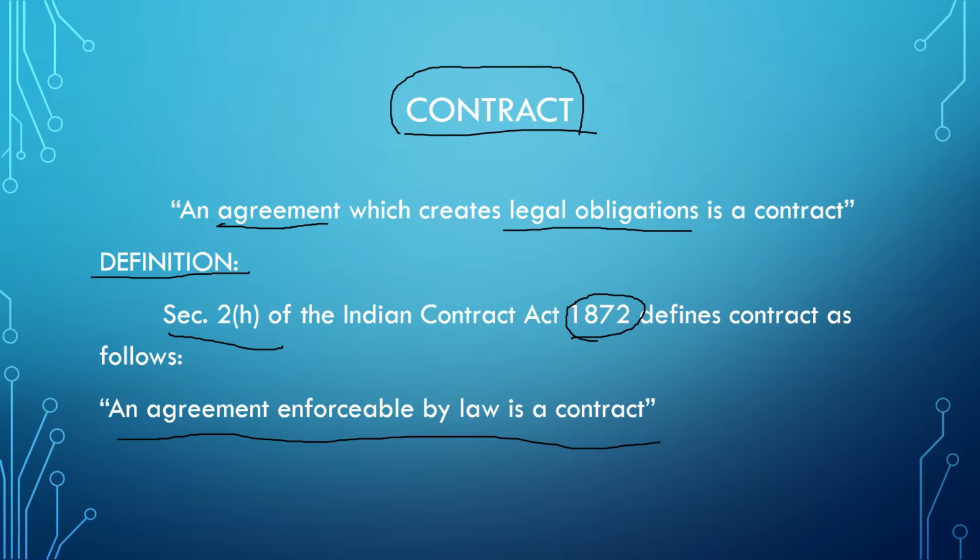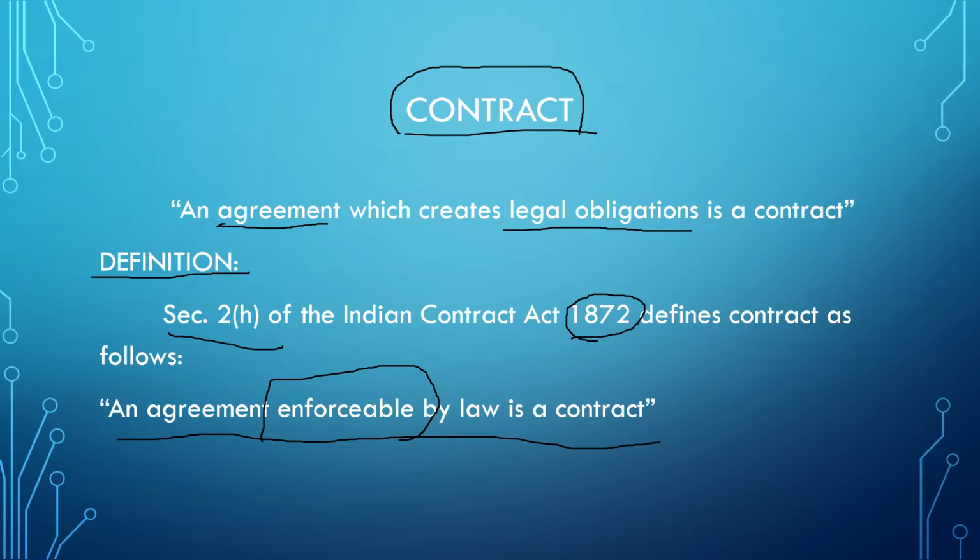Enforceable by law means we can move to the court of law. That is, we can file a case against some other person, or we can get lawful and legal remedies through the court of law. That is called enforceable.